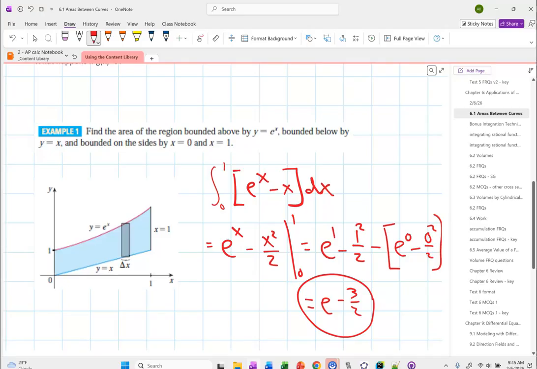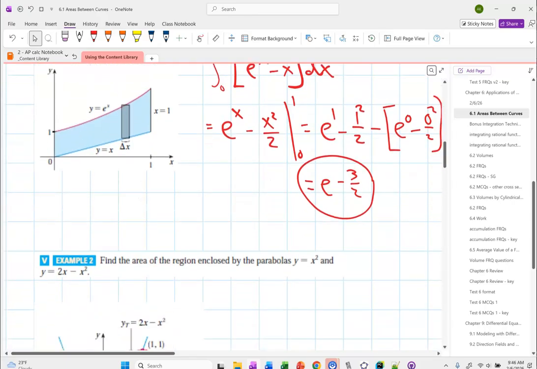There's my answer. Very cool. See where the 3 halves come from? E to the 0 is 1. Negative a half minus 1 is negative 3 halves. No big deal, right? Is this much different than what we've been doing in terms of evaluating an integral? No, man. It's pretty straightforward.